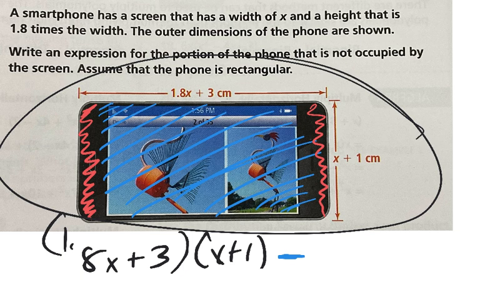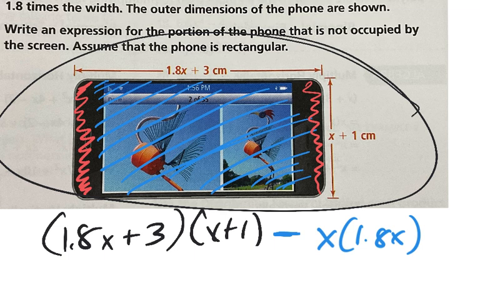It tells me the screen has a width of x and a height that's 1.8 times the width. So the part that's in blue is x for the width and 1.8 times x for the height.